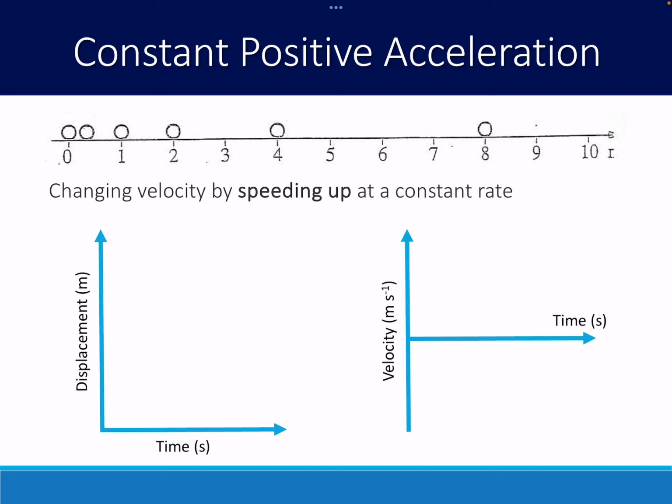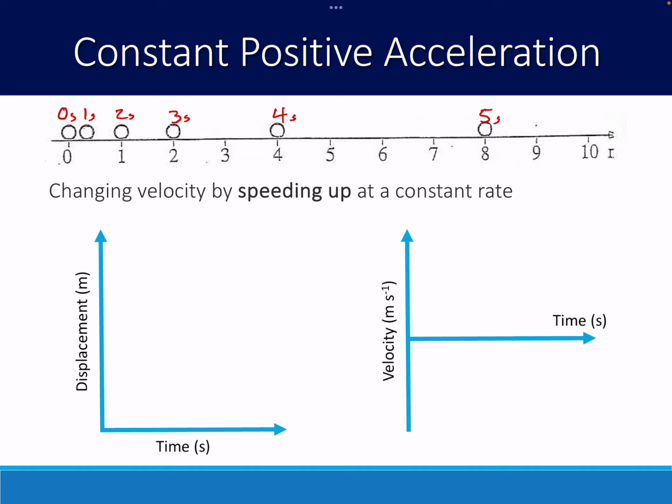Thinking about a motion map, remember each dot represents where the object is at each second. So this would be 0 seconds, 1 second, 2, 3, 4, 5 seconds. So think about what is happening with the motion here. All right, we see that it's speeding up. You can try this on your own. You can pause.